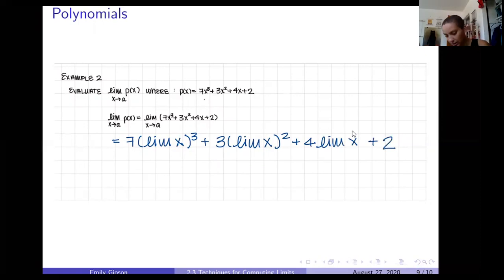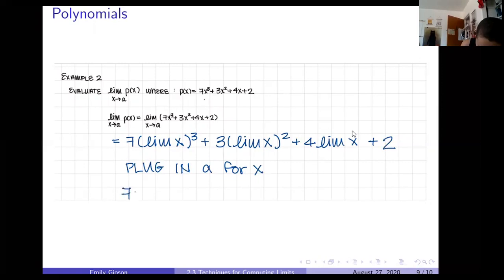So 2 is constant, so we don't plug in any x or any a. It doesn't change at all, so all we have to do is leave it as it is. Now we're going to go ahead and plug in a. In this case, a isn't any sort of specific value.